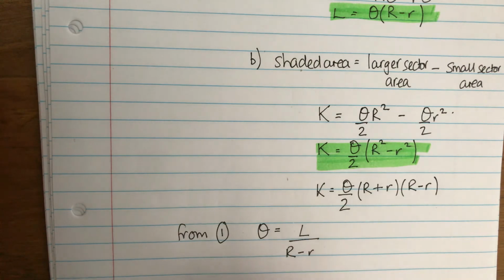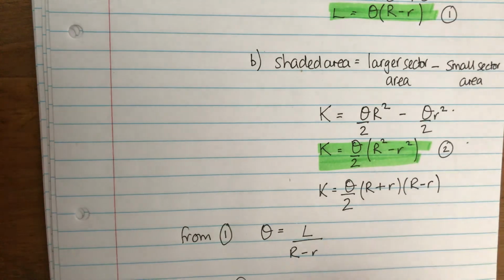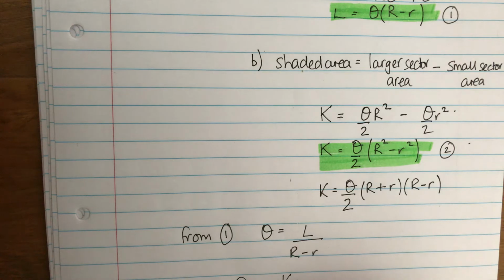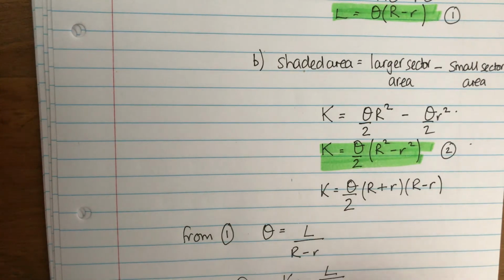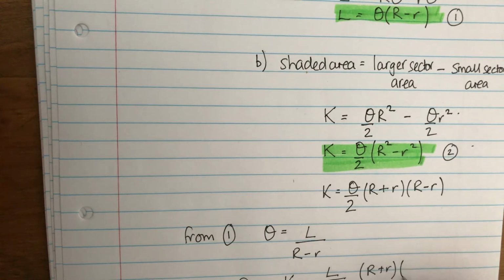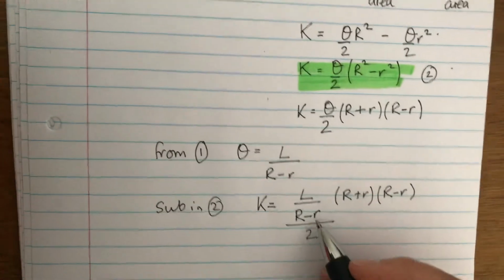So let's call that 1 and let's call that 2. Substituting that in here, I can say that K equals, instead of theta, L divided by big R minus little r, divided by 2 again, multiplied by big R plus little r, big R take away little r. Well, what happens there?